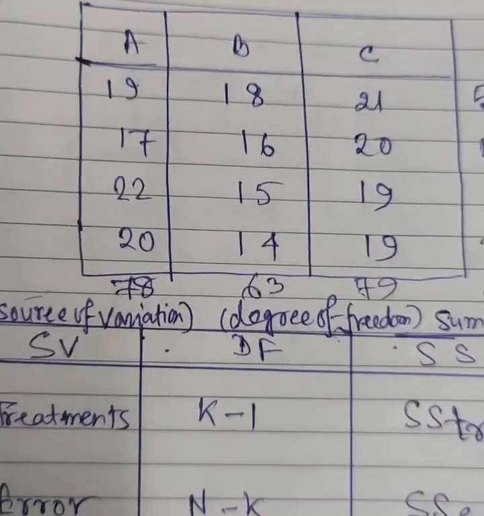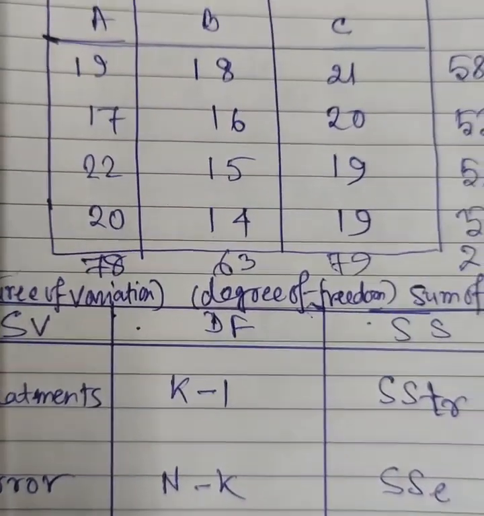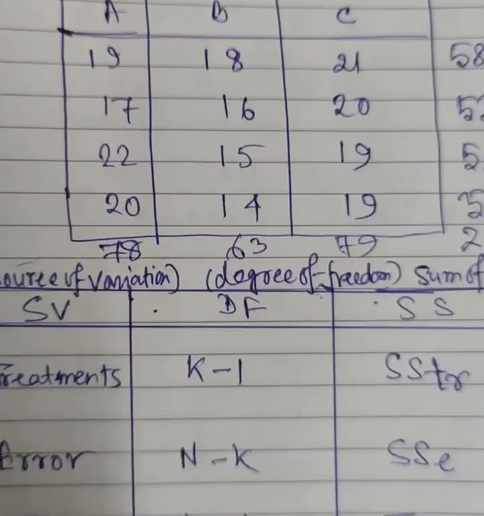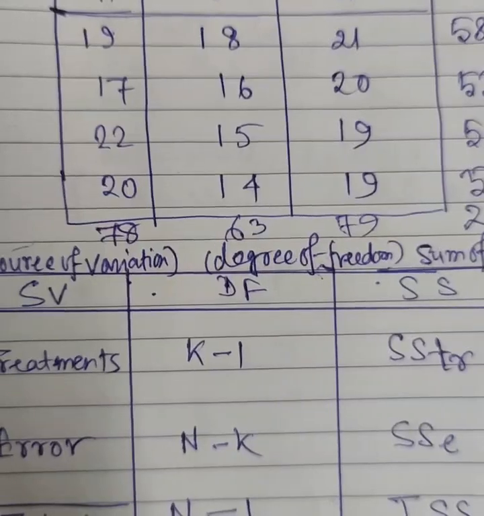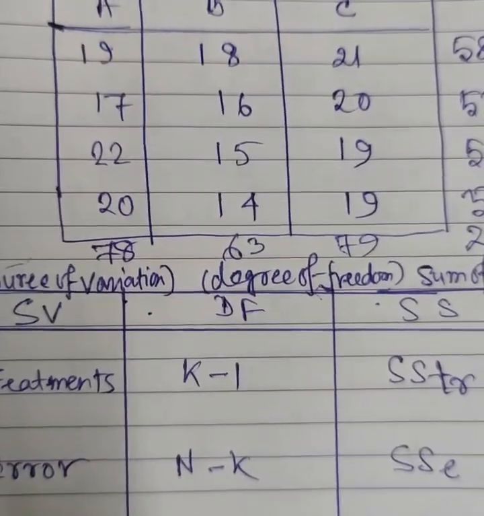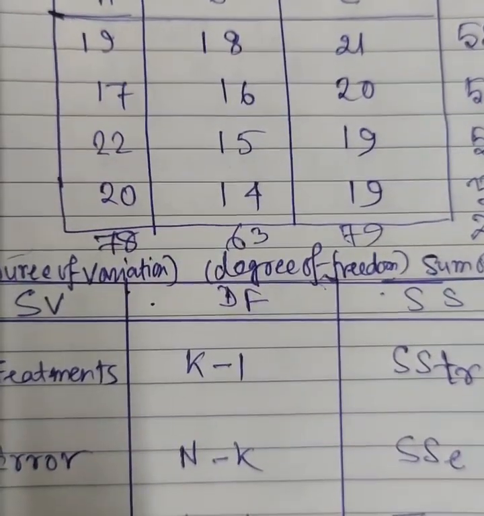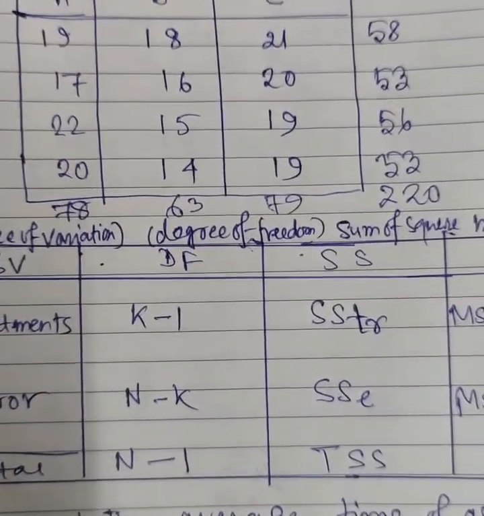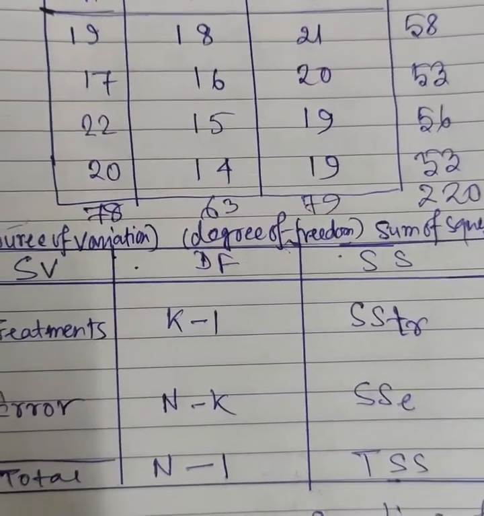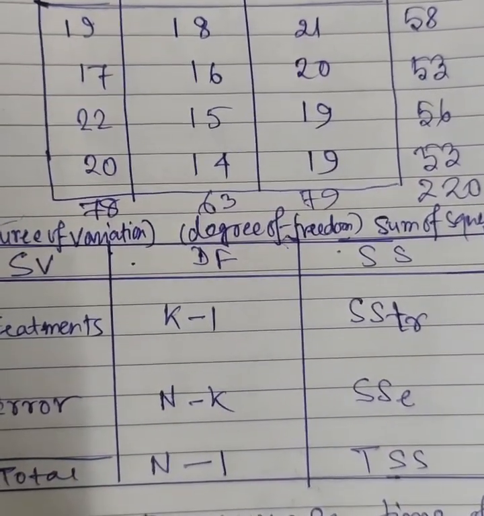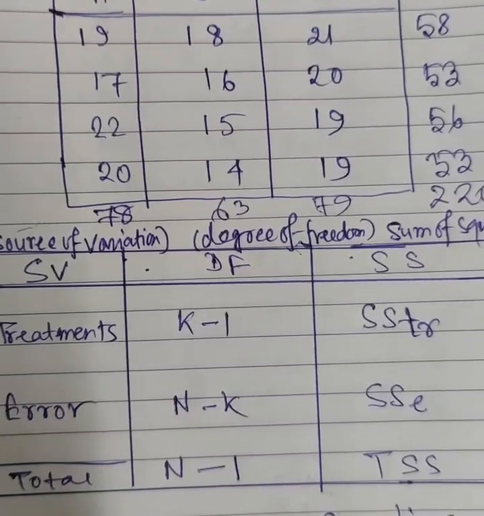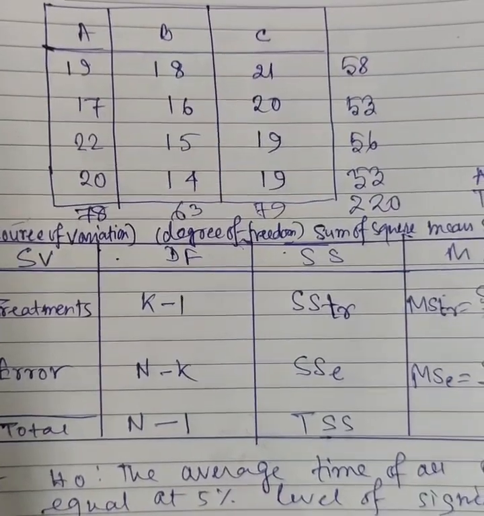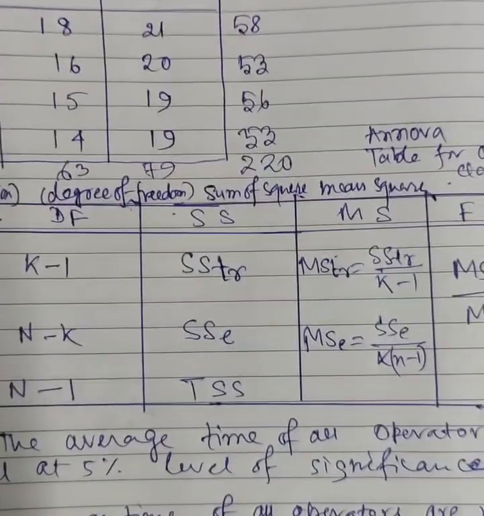You see that A, B, C are the number of independent groups, and the data is in 3 columns and 4 rows. We add all the row values below and on the right side, and we get 220 as the total of all the values.